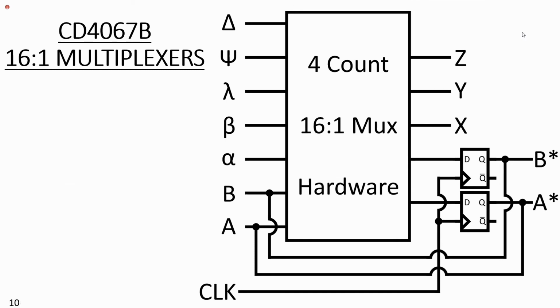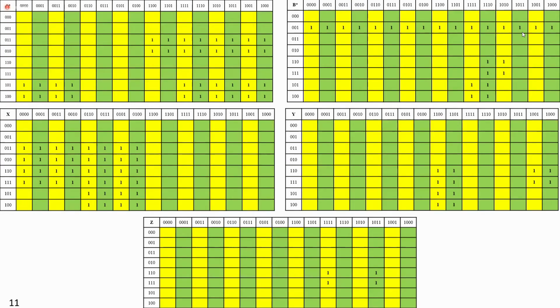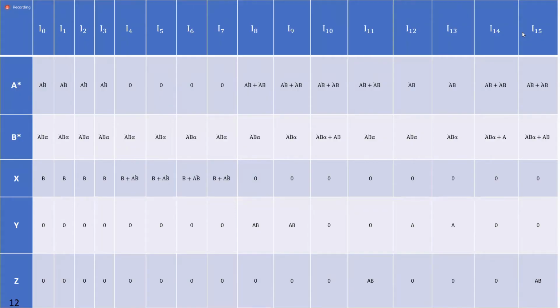Next, I considered the 16-to-1 multiplexers. Here I did have to use K-maps to implement. So here are the massive amounts of K-maps for them, and then the simplified expressions for each input for each 16-to-1 multiplexer from I0 through I15.